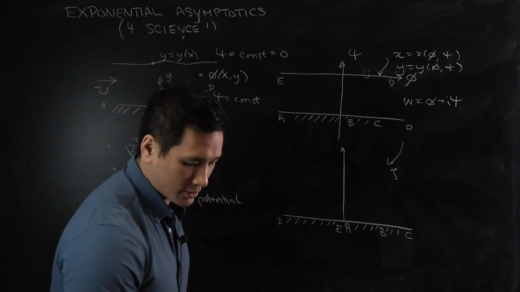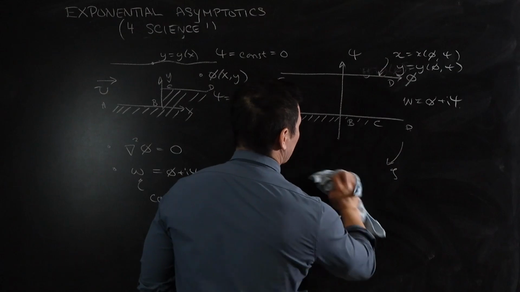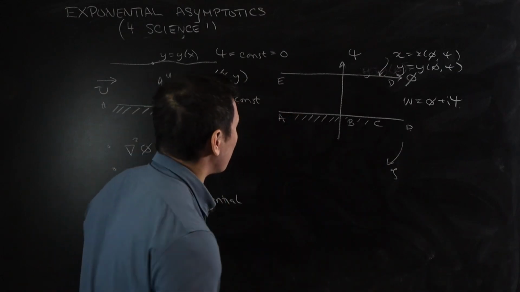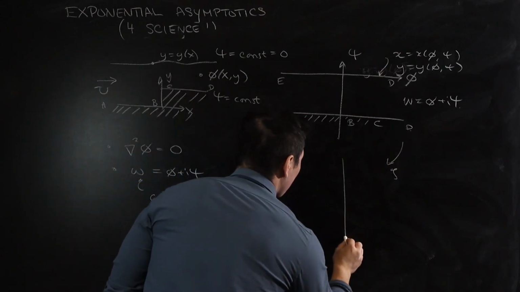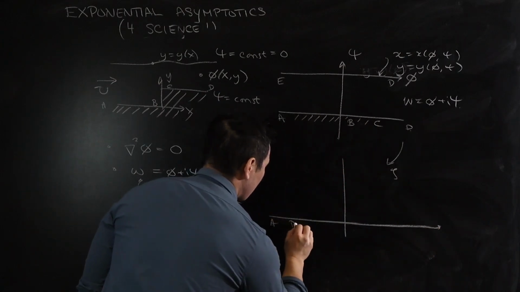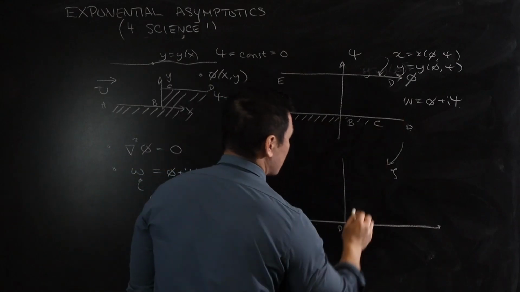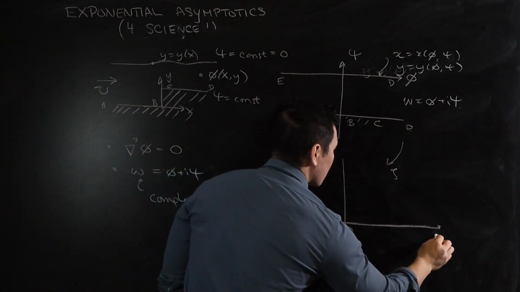And you basically just map the points here to the upper half plane. Actually, I wanted to map it in a slightly different way. I want the positive axis to be the free surface. I'm going to shade it for you. So I'm going to map it so that I have A, B, C, and then D, which is downstream infinity, is going to be D and E here.